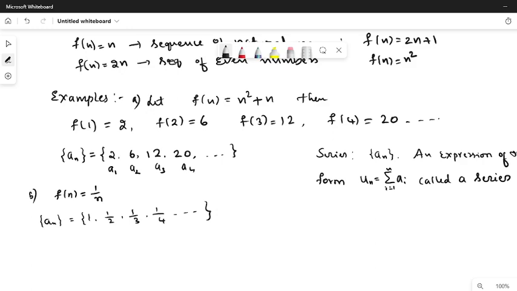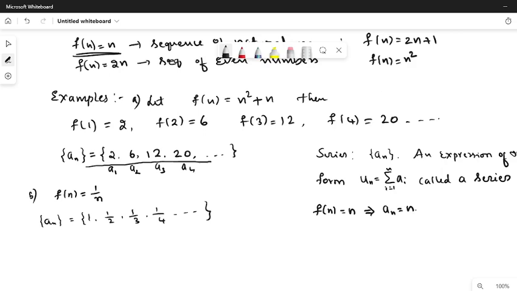Let us take this example itself. Or okay, let us start with the sequence of natural numbers. Suppose f of n equal to n. I can write this as an equal to n, right?